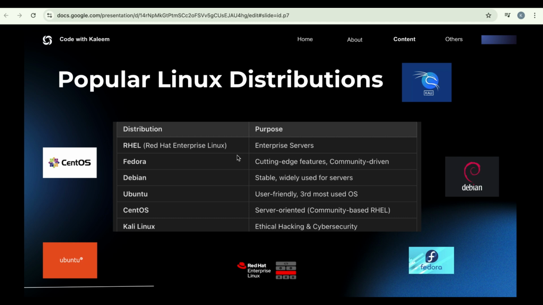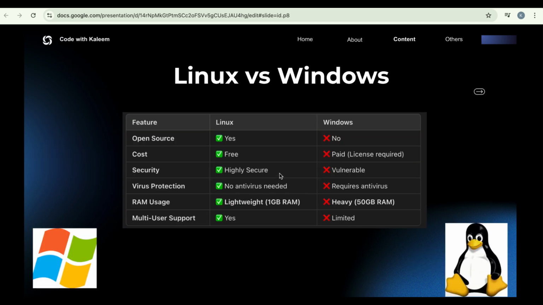So Linux versus Windows, this is a very interesting comparison. You already know about this, of course, because you guys are already using Windows. Windows is not open source, it requires a paid license, and security wise it is vulnerable. Virus protection is there up to some extent, but we have to install antivirus. And if we compare RAM usage, even if you have 50 GB RAM, using just 1 GB RAM on a Linux machine is compatible, or you can say it is faster compared with the Windows system.